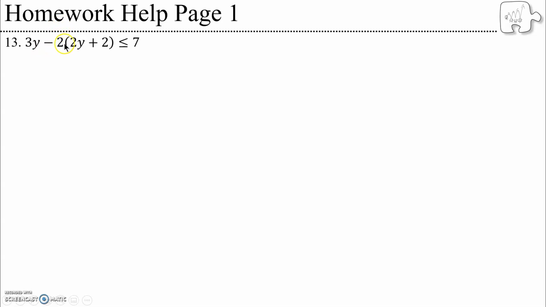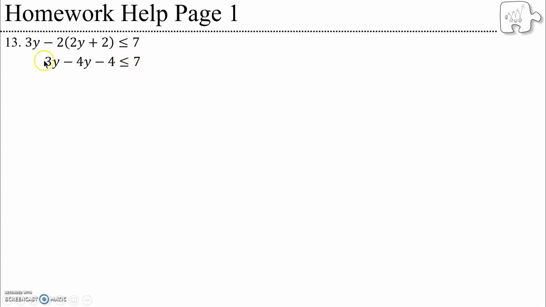Also, when we distribute, we're actually multiplying by negative 2, so both of these are going to be negative. So we're going to get 3y, and negative 2 times 2y is negative 4y, and negative 2 times 2 is negative 4. So we have 3y minus 4y minus 4 is less than or equal to 7.